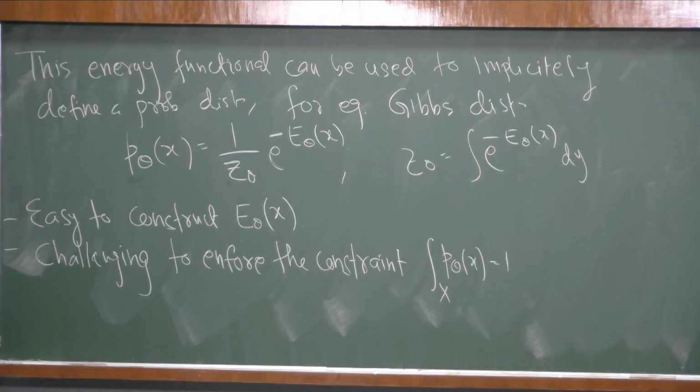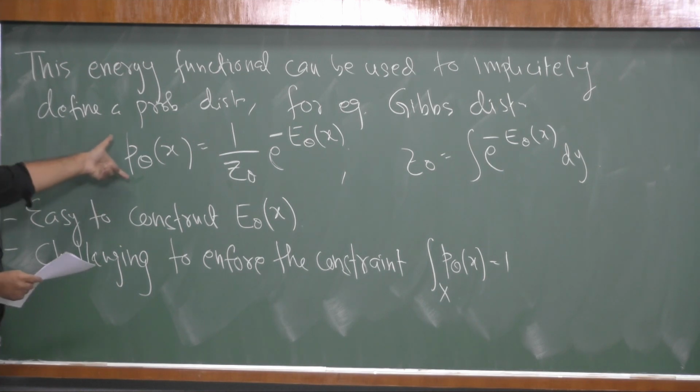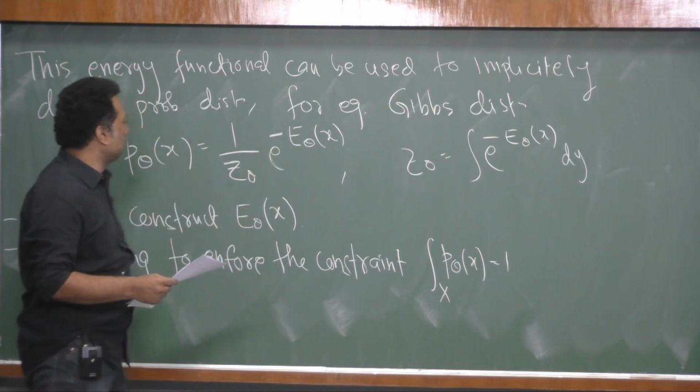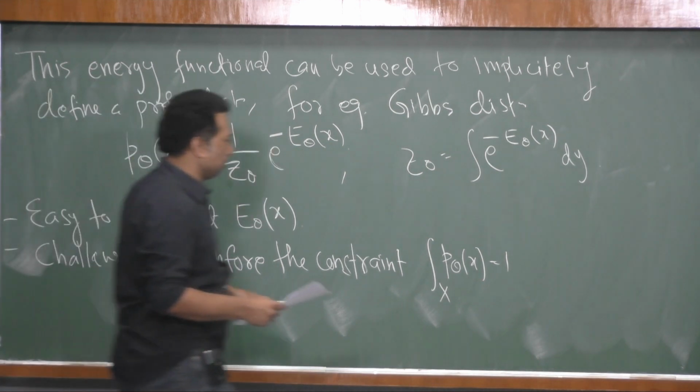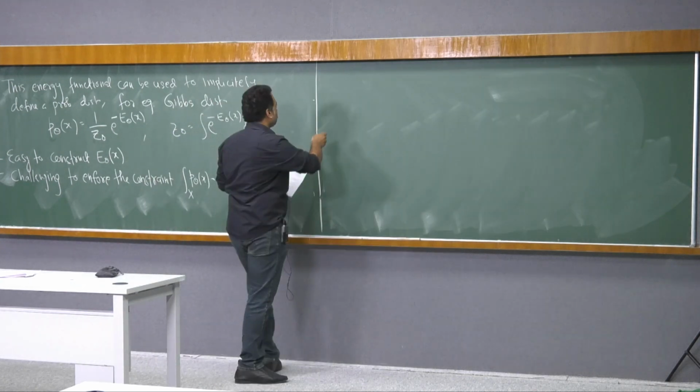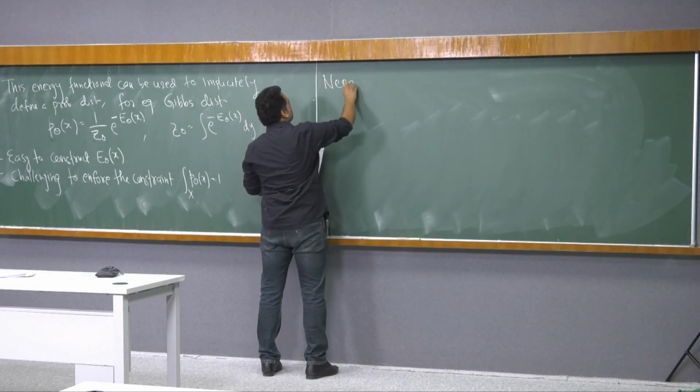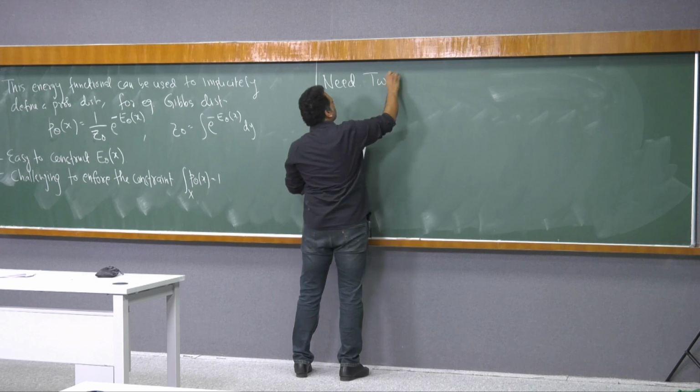So if we want to go via this route, which is estimating the density function via the energy E theta, then we have two major problems. We need to solve two problems at least.